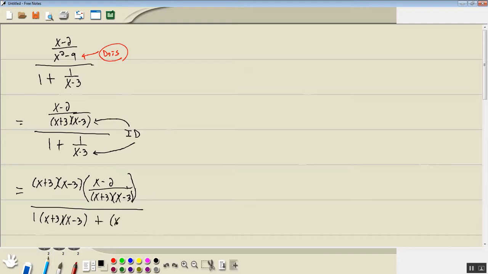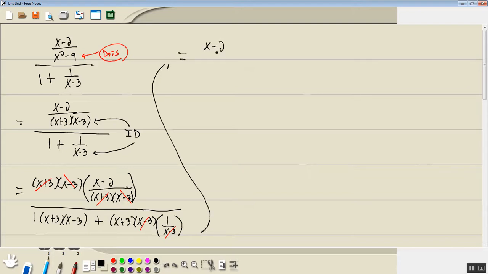And we'll multiply it times this last fraction. So then this x plus 3 cancels that x plus 3, this x minus 3 cancels that x minus 3, this x minus 3 cancels that x minus 3. Let's see what we have left.